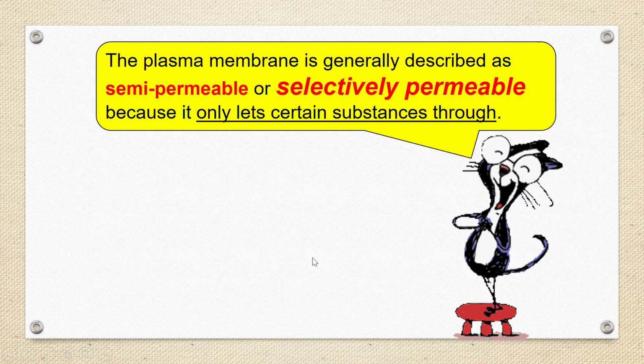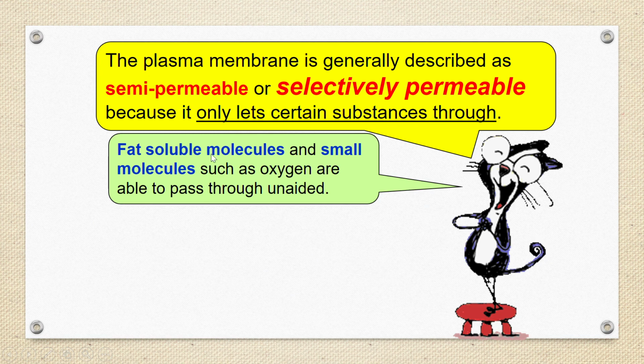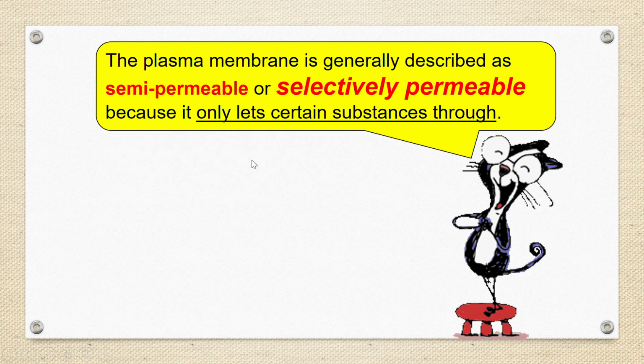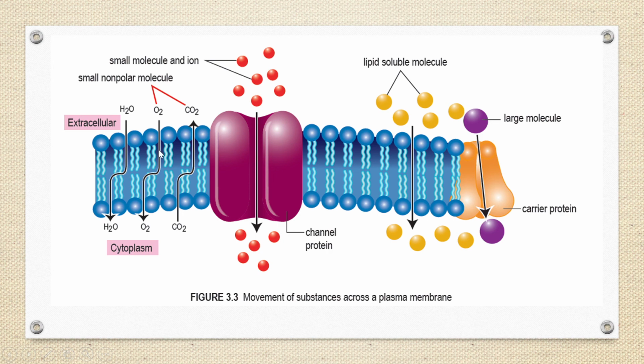Again, look at the substance. What kind of substance? Fat-soluble molecules. Because we know that these phospholipids are actually fats, right? So fat-soluble molecules can just diffuse through. And if they are small, they have no problem sisip masuk. Begitu sahaja.